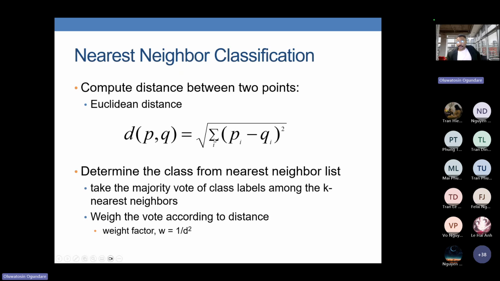If it's a 5-component vector, you will be adding up 5 things. If it's a 10-component vector, you'll be adding up 10 things because this is the difference of the vector components. You sum up the squares, and then you find the square root. All right.